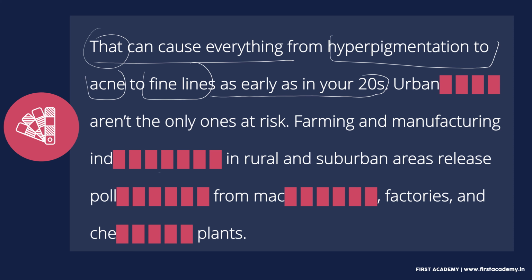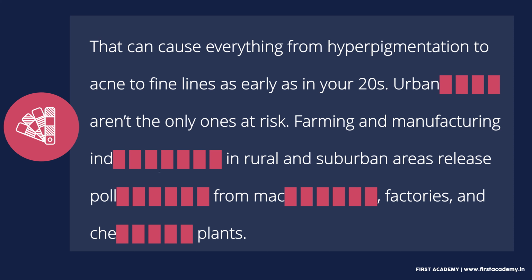Okay, now let's progress. So, dash, urban something aren't the only ones at risk. This particular part of the sentence tells us that we are talking about people. And what sort of people are we talking about? We are talking about people who are urban, so people who live in the city.